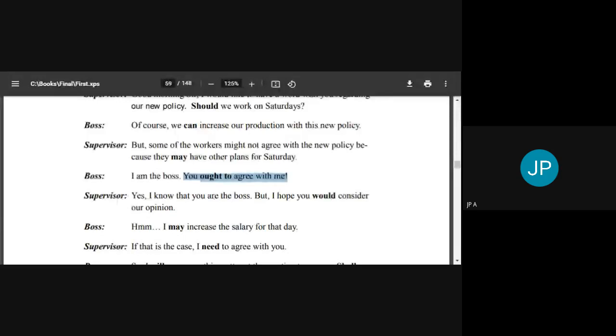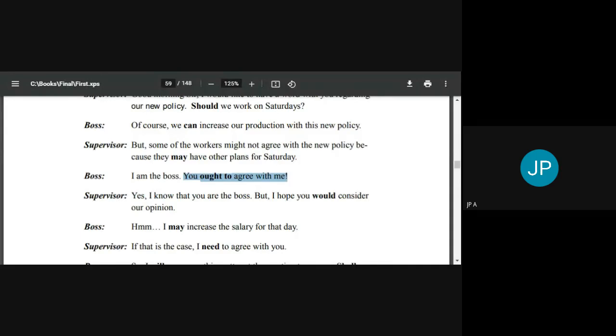So usually may is used indicating possibility, but here in the next sentence we have a different use of may. Normally it indicates possibility. But in the next sentence we have a different use of may. I may increase the salary for that day. Here it is not indicating possibility. What is he telling the workers?